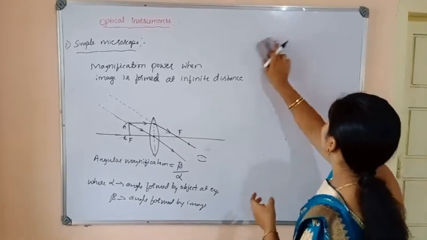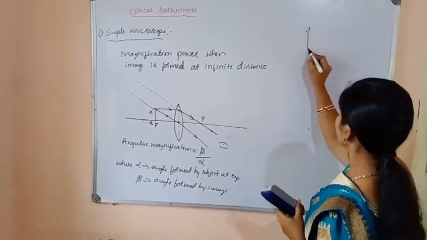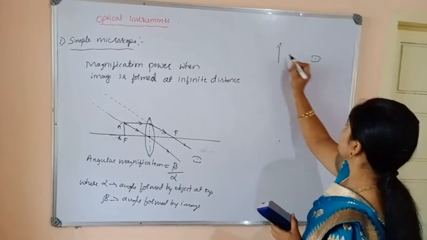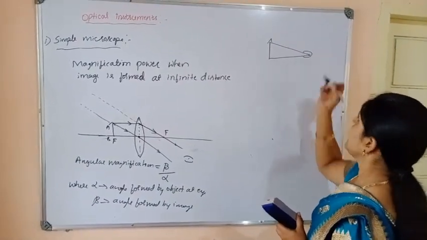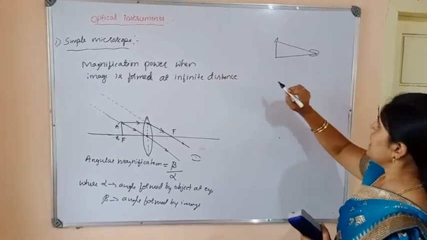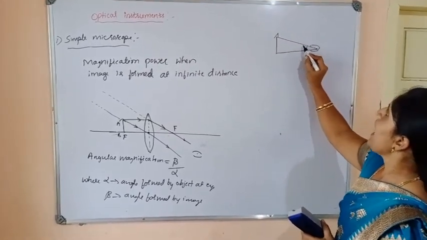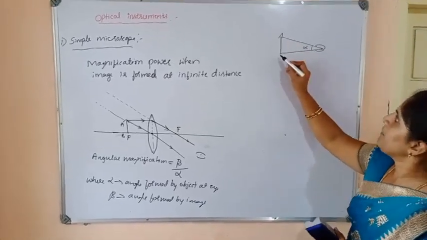So this is the object. When rays coming from this object are incident on our eye, they are focused on a point. This is the angle made by the object.